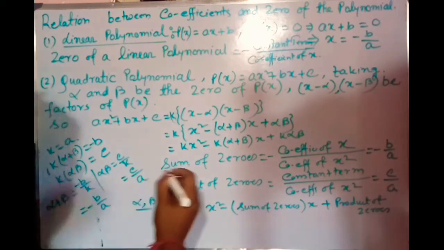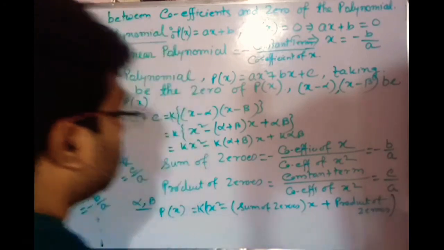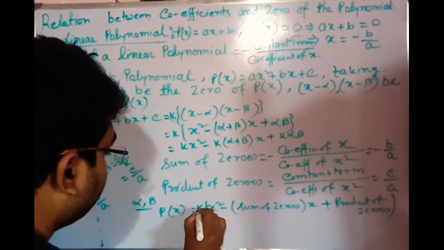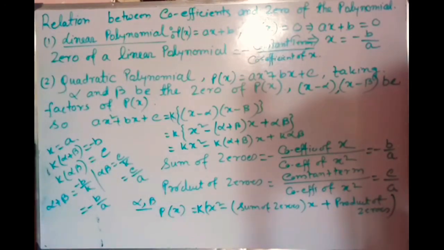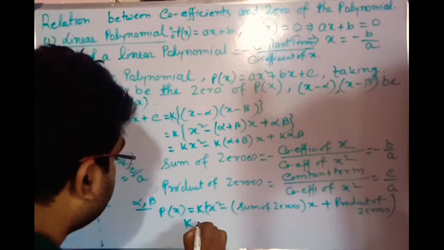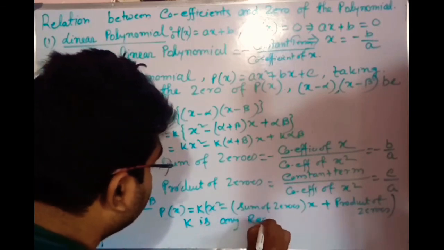And one k should be multiplied here, where k is any real number, so p(x) equals k into this.